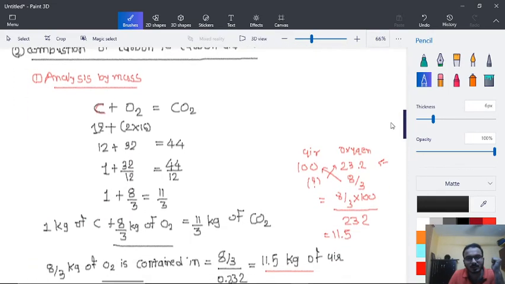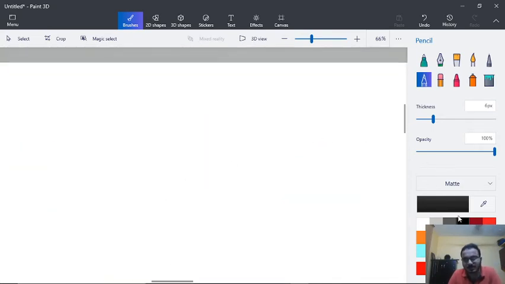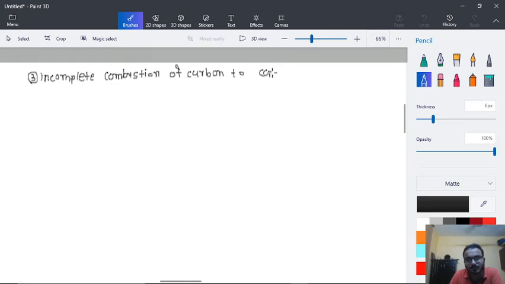And now we will start another analysis. That is our third case: incomplete combustion of carbon to carbon monoxide.